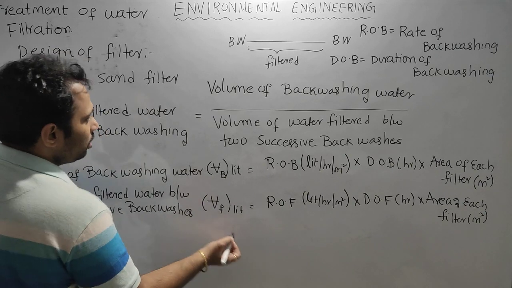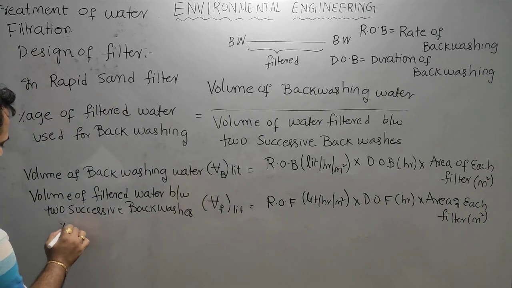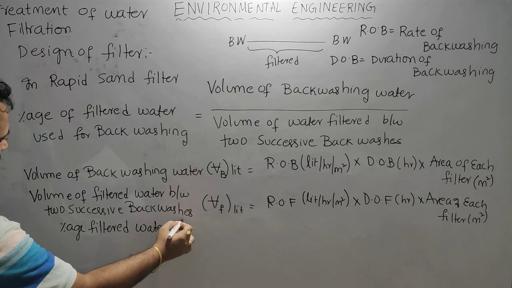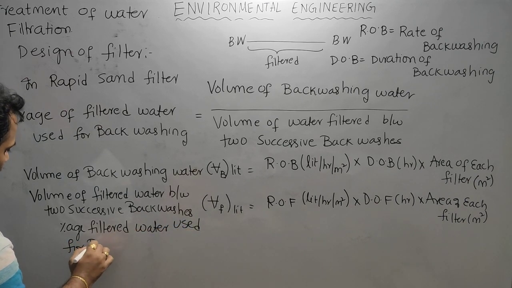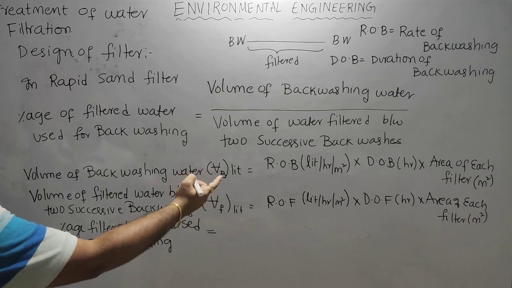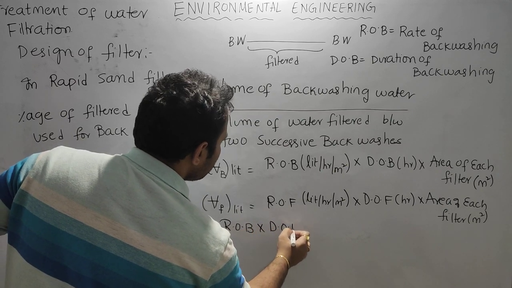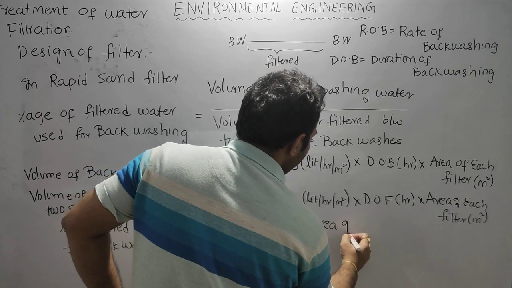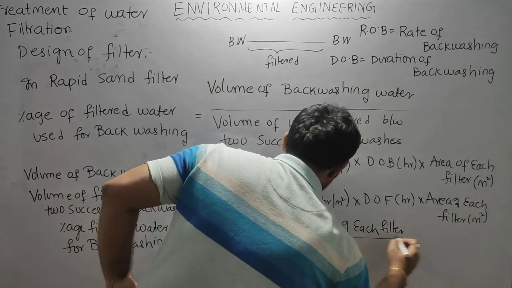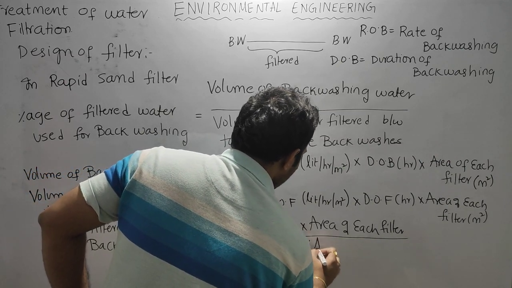So take the ratio of it. The percentage of filtered water used for backwashing is equal to the volume of the backwashing water, meaning rate of backwash multiplied with the duration of backwash multiplied with the area of each filter, divided by the rate of filtration, duration of filtration, area of each filter.